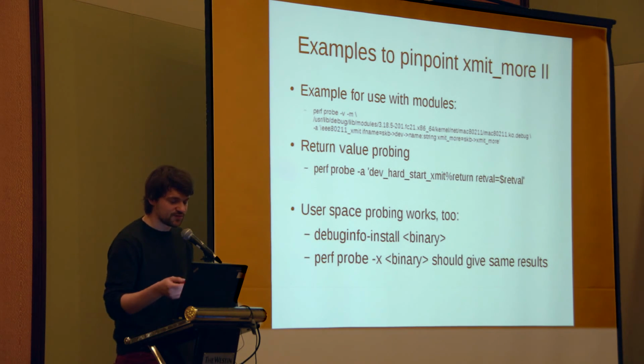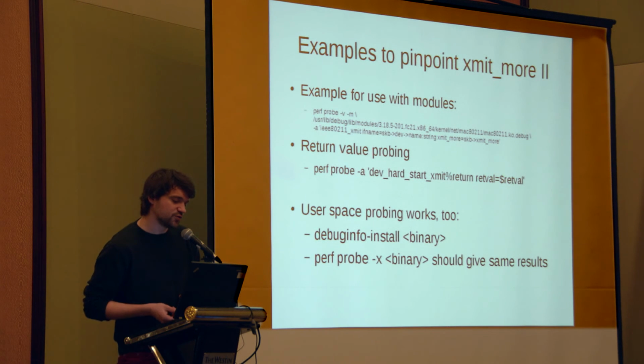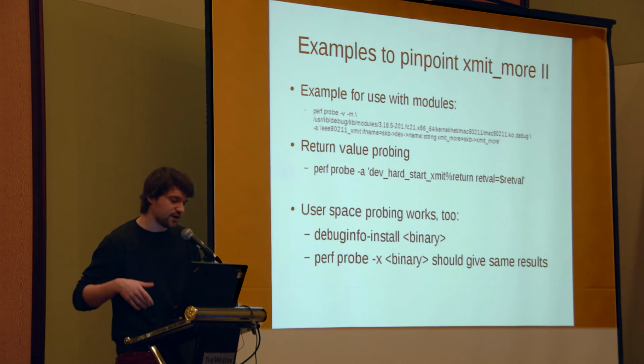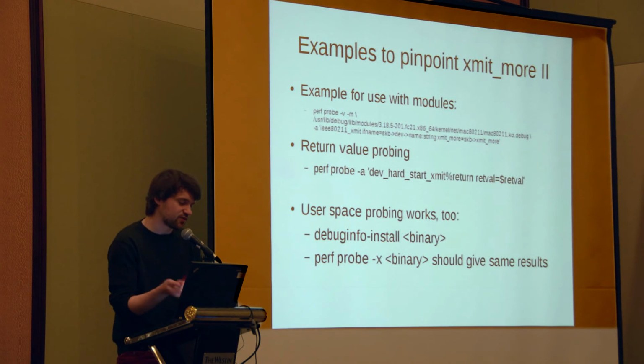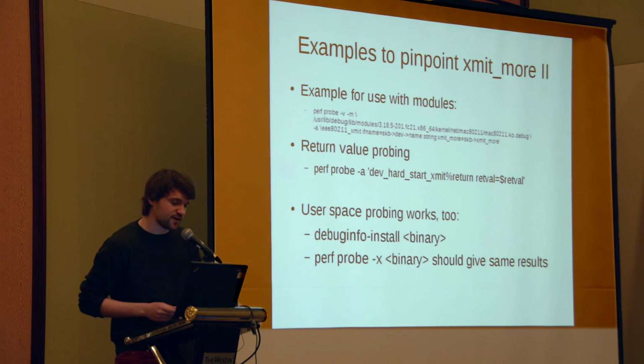If your debug info is sometimes messed up, for modules you sometimes have to use -m and specify the debug information for the module. If you, for example, start to trace in IEEE 802.11, the wireless stack, this is just an example, you just have to specify where the extracted debug information is for the specific module. Normally, it should work without doing that.